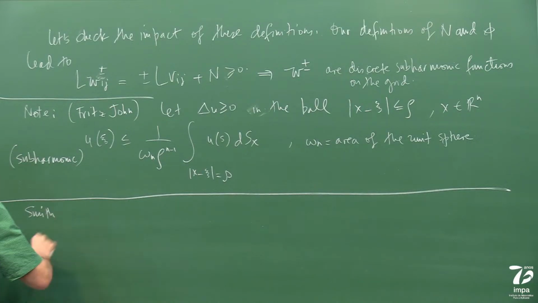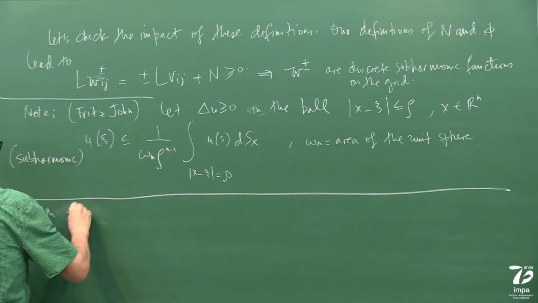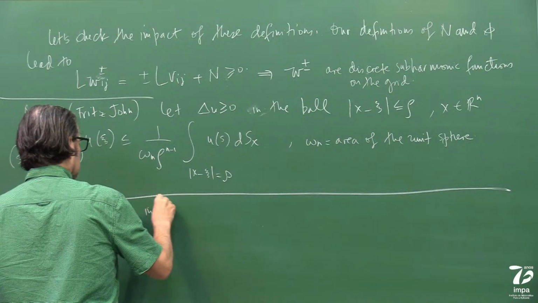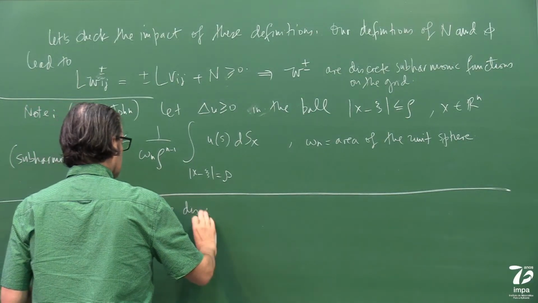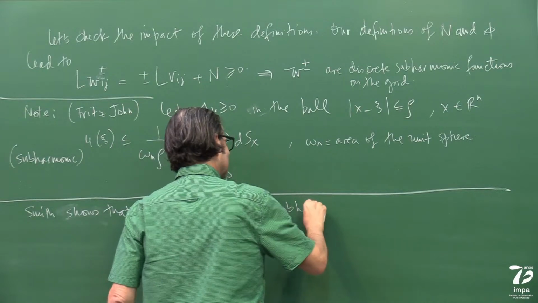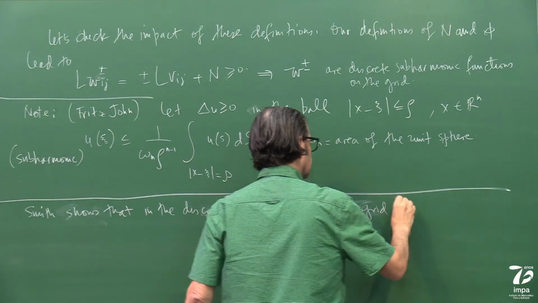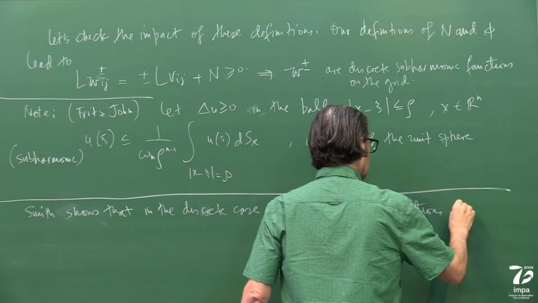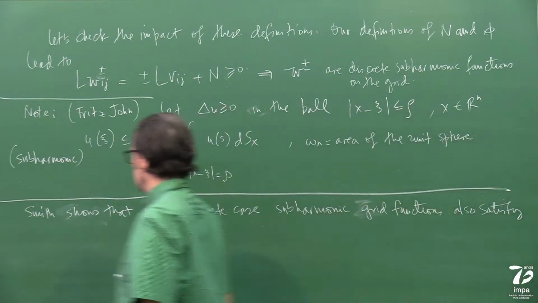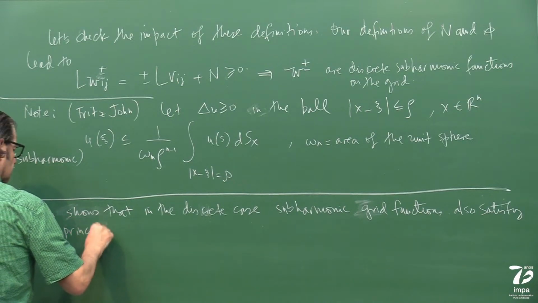And we're going to skip this part. Smith shows that in the discrete case, subharmonic grid functions also satisfy a max principle.